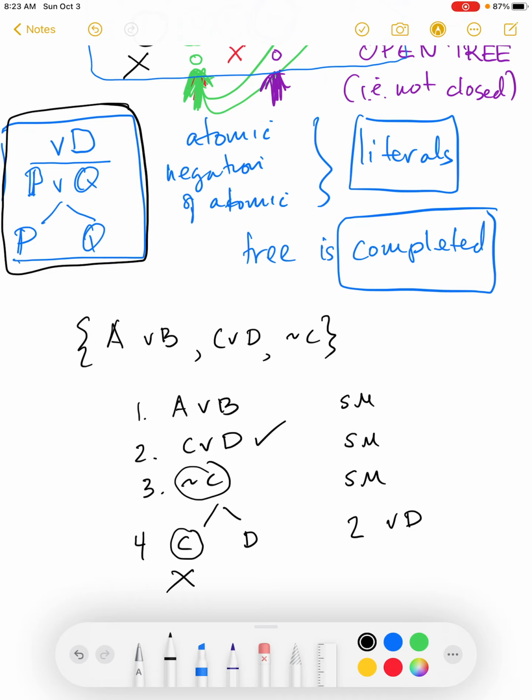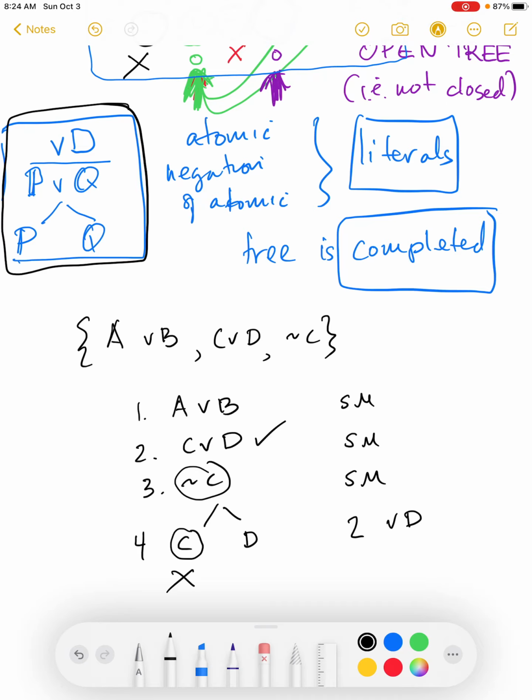So the advantage to decomposing line number 2 before line number 1 is that we got a branch to close right off the bat. And that's going to be a nice strategy for us to have in our toolbox, so to speak. If decomposing a sentence will get a branch to close, then go ahead and decompose that first.